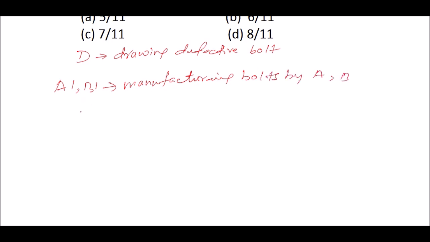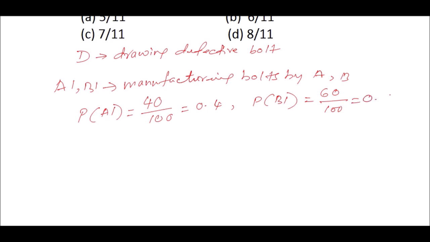Therefore, you can see that the probability of A1 is equal to how much it manufactures. It manufactures 40%. Therefore, 40 divided by 100, so it is 0.4. And P of B1 is manufactured by B. Therefore, it is 60%. Therefore, you can say 0.6.